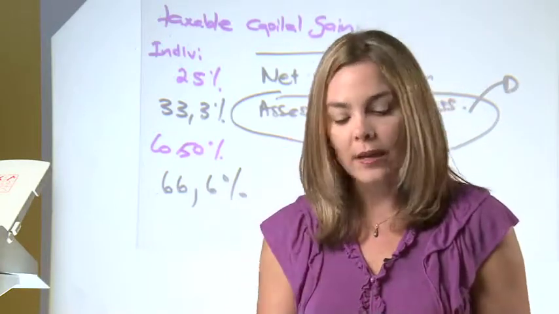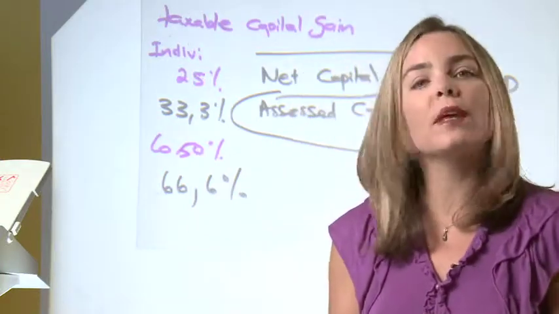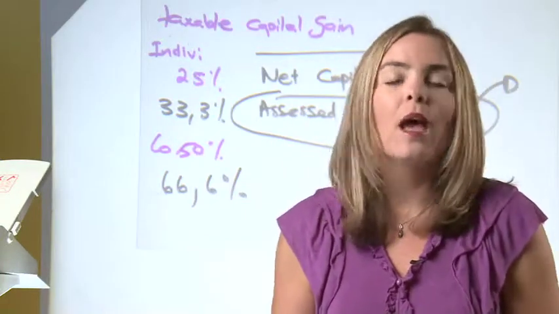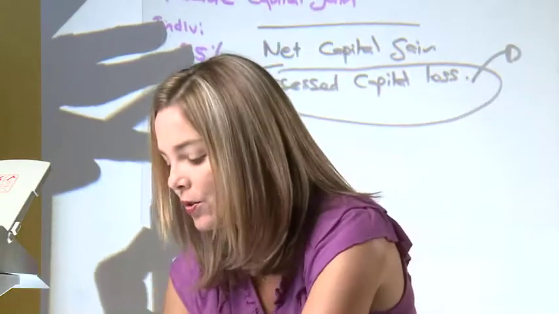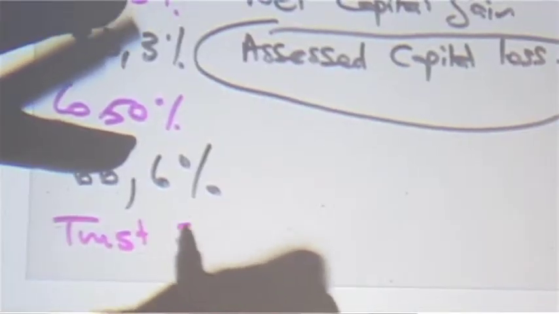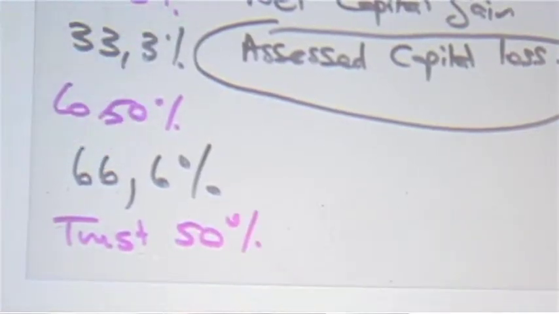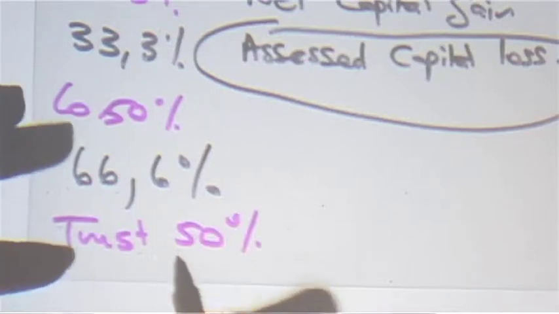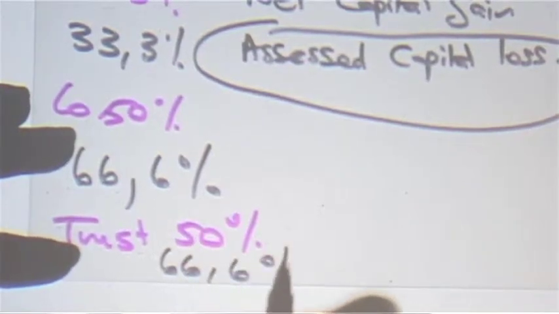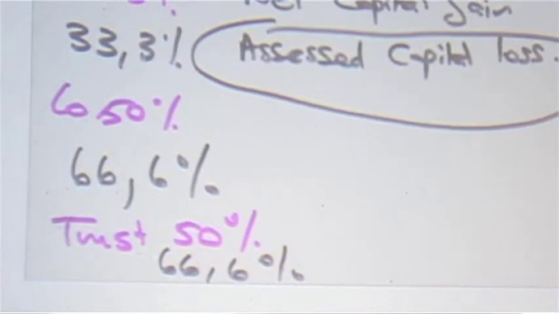Now, our last taxpayer that we have to think about is our trusts. Our trust also used to have as an inclusion rate 50%, but for a trust, that inclusion rate has increased the same as a company from the 1st of March 2012. So the trust also has an increased inclusion rate of 66.6%.